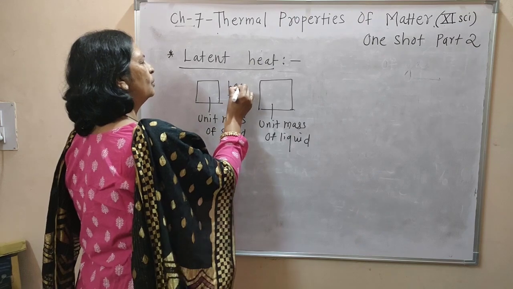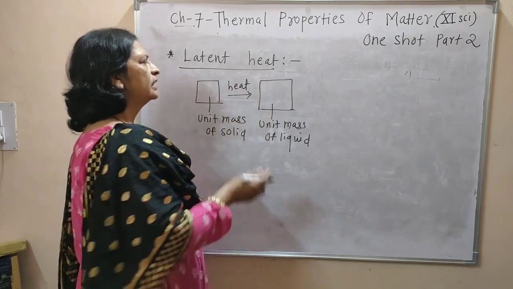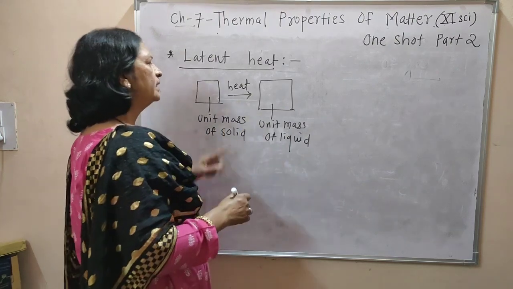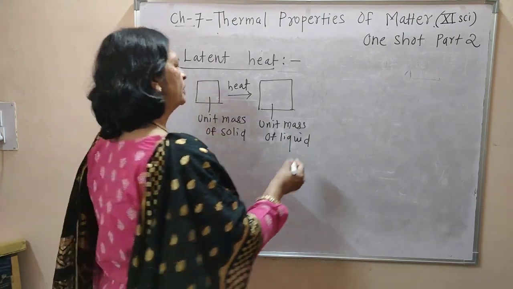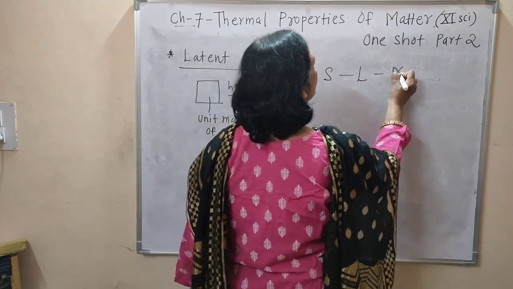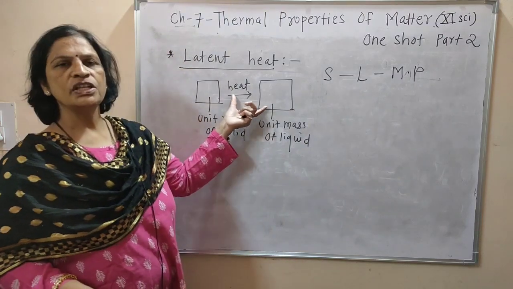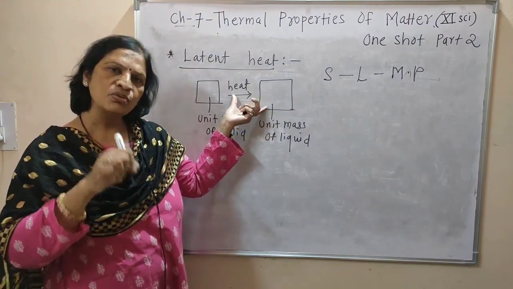Heat is supplied to change its state, and that heat is supplied at its melting point, means solid gets converted into liquid at its melting point. During that phase change, temperature remains constant.